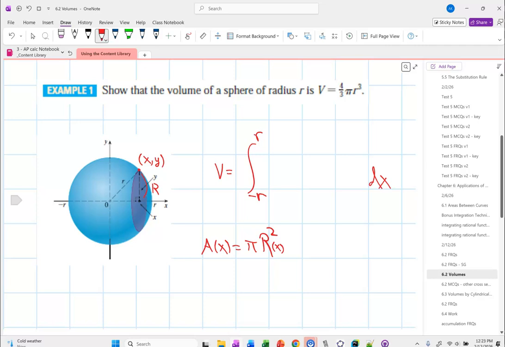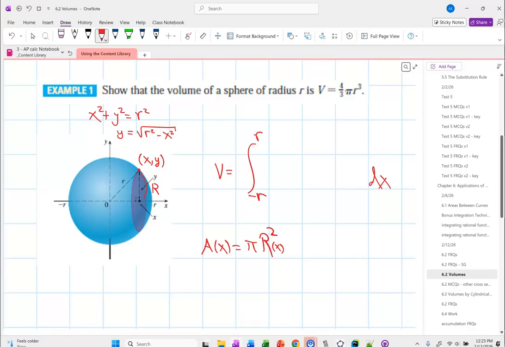Notice that I have a right triangle with base x, height y, and radius r. So we know that x squared plus y squared is equal to r squared. I'm now going to just solve this for y. Notice that I dropped the plus or minus when I took the square root of both sides. Why was I able to do that?